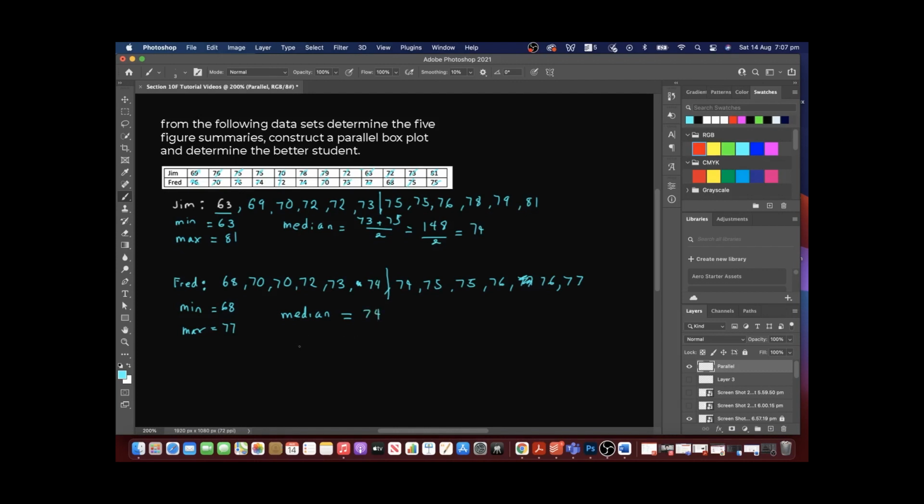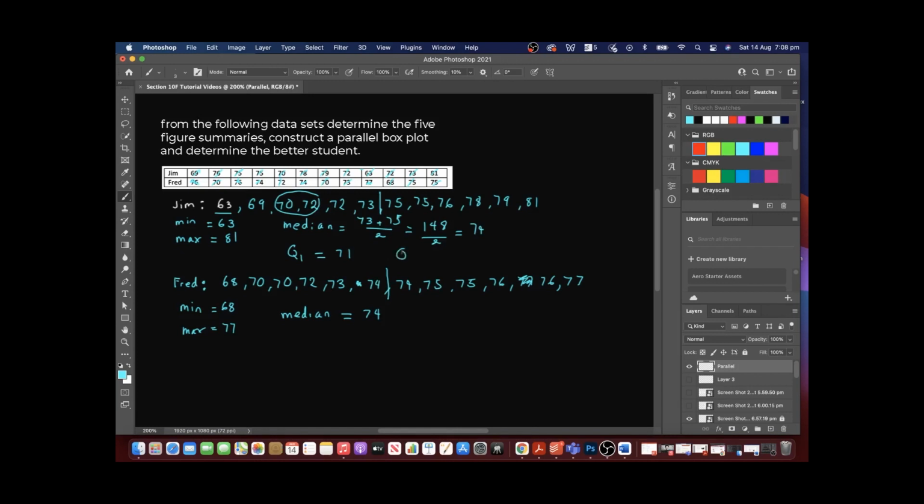And now we can look at our quartiles. So let's do Jim. So Q1 is going to be, because it's even, the average between 70 and 72, which is going to be 142 over 2, which is just going to be 71.